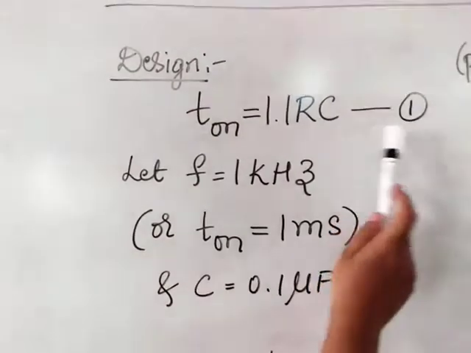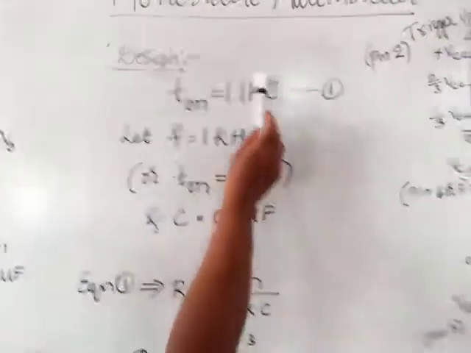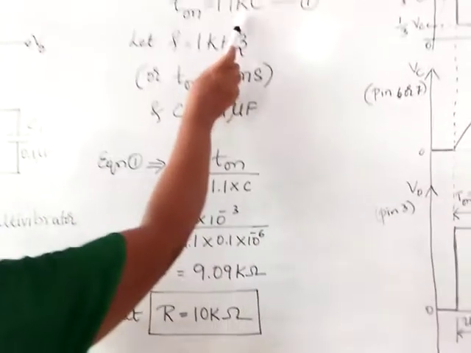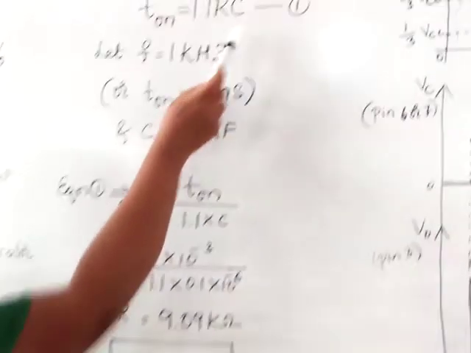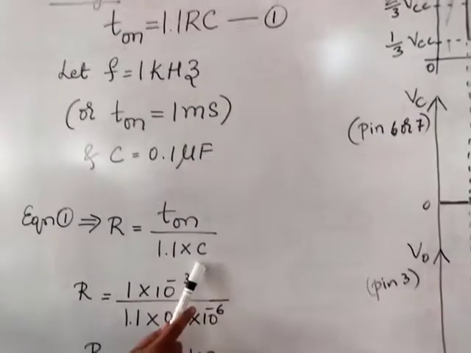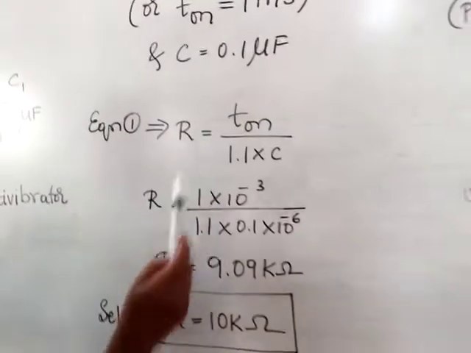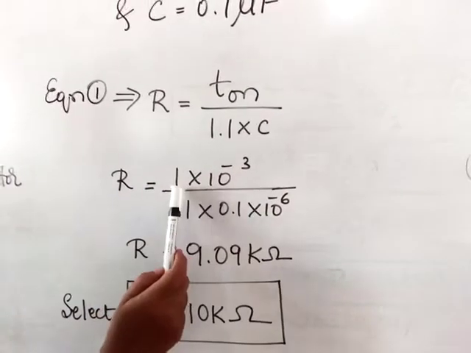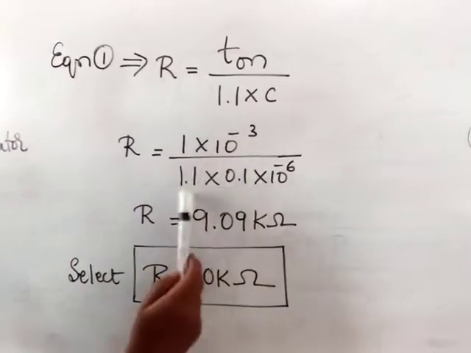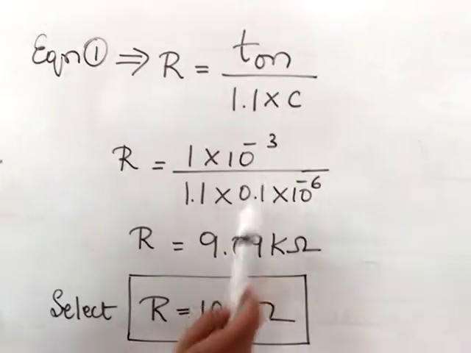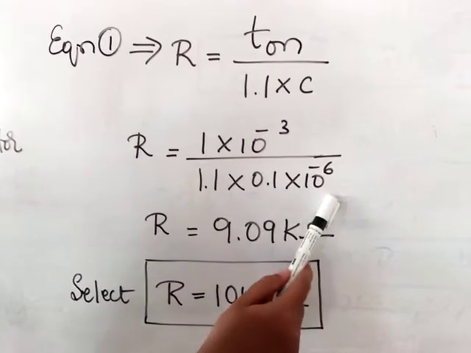Now from equation 1 we can calculate the value of R. R is equal to T on divided by 1.1 times C. So R equals 1 milli divided by 1.1 into the capacitance value of 0.1 microfarad.